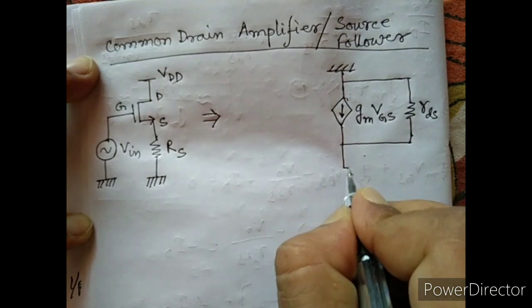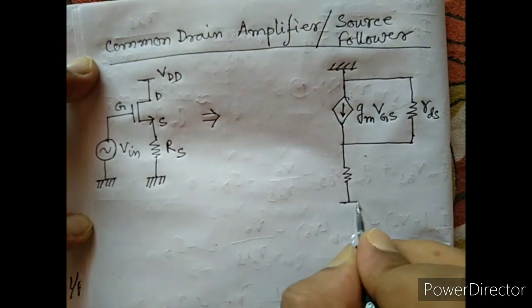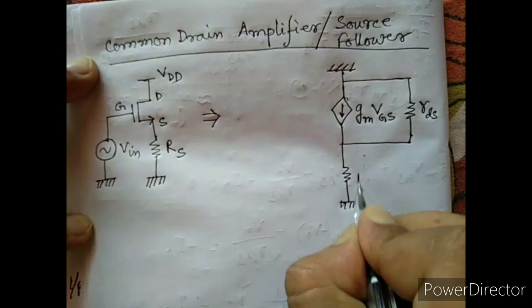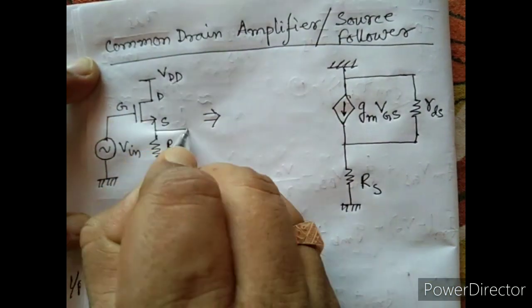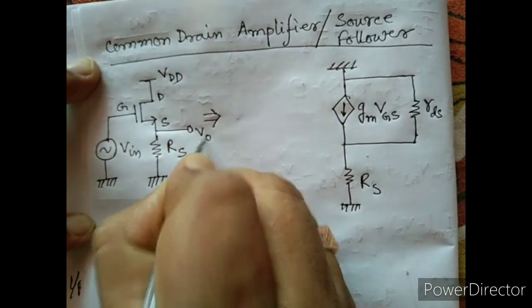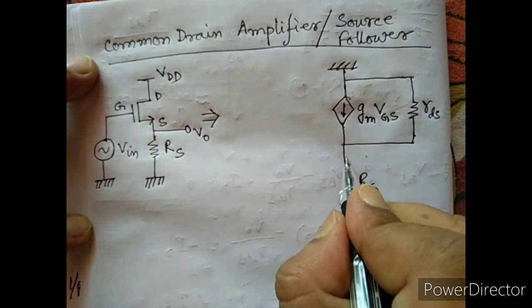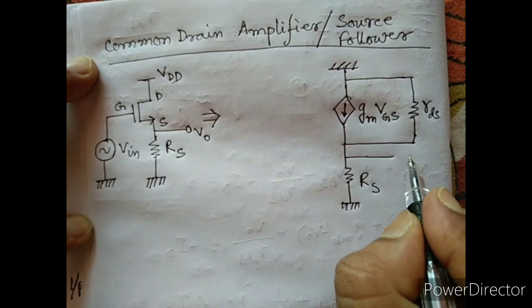Now this is the RS, and when we say common drain, we see the output V0 taken from the source terminal.